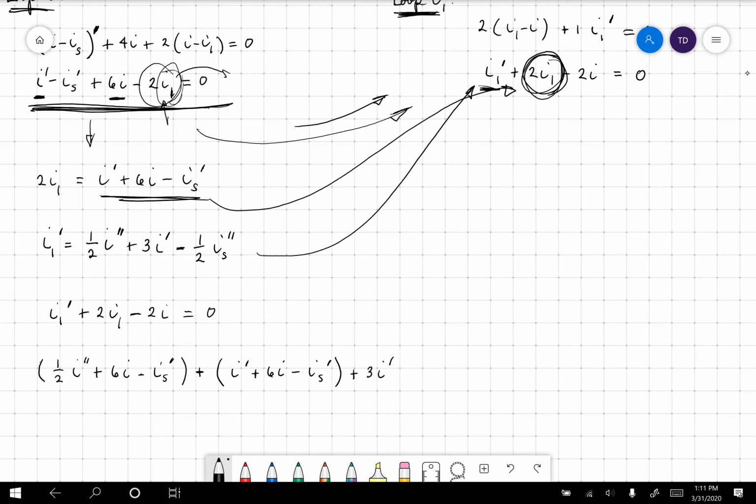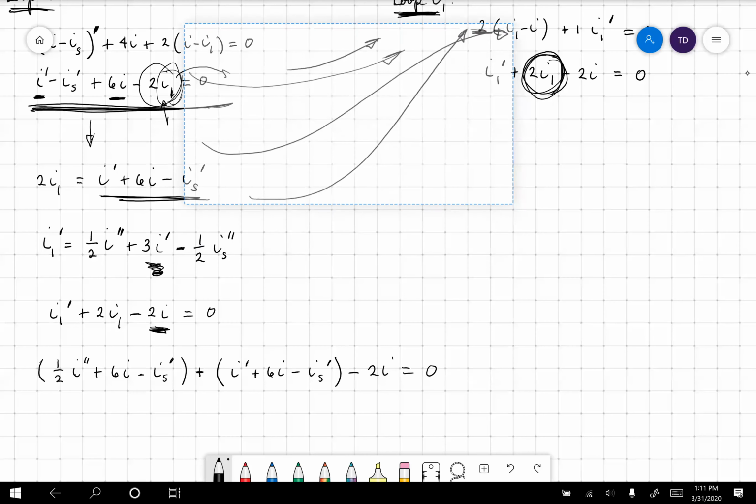Where did I get 3I prime? Oh, I'm looking at the line above it. I want this one right here. Minus 2I equals 0. Okay. So I've substituted in, and now I'm going to clean it up.